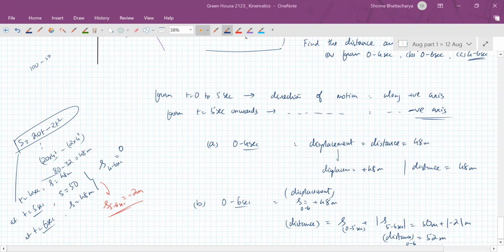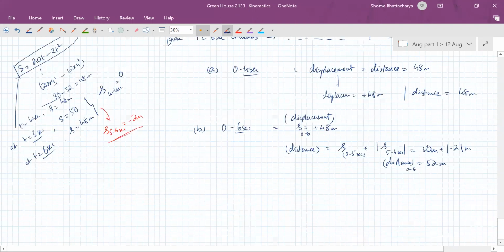So, can you explain again what you did for 5 to 6 seconds for the distance? Okay, so see what is happening. What is the displacement at 6 seconds? At 6 seconds, the displacement is plus 48 meters. Whereas what is the displacement at 5 seconds? It is plus 50 meters. So now just visualize what is happening.